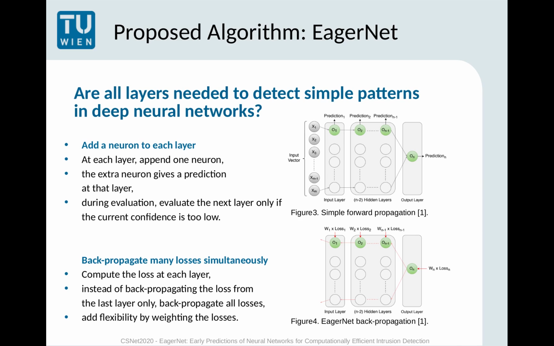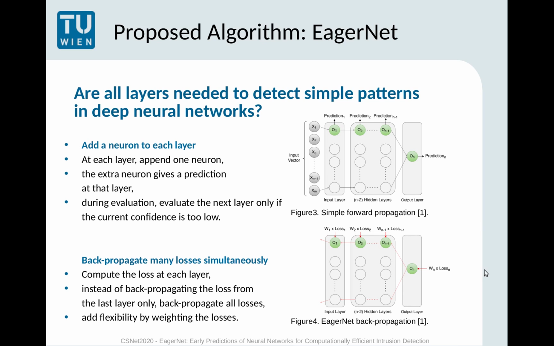Now the problem is then, how do we train this network? Because we said before that we backpropagate the loss from the last layer, and it's really simple. So basically we compute the loss then at each layer. So in figure 4 here, we have a loss at each layer. We have the main loss at the final layer, and then we have a loss at each extra neuron that we added before.